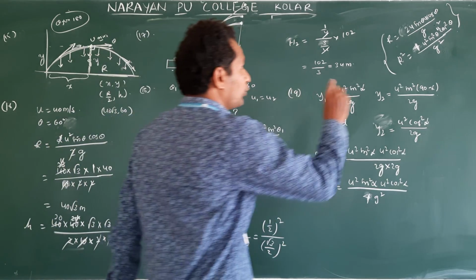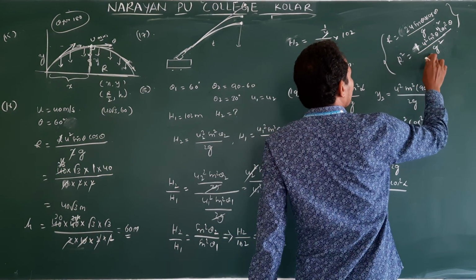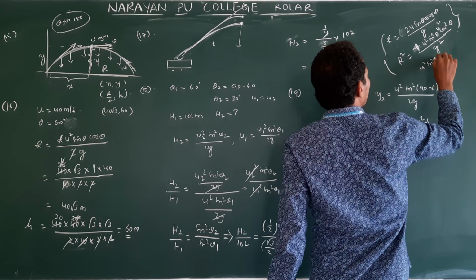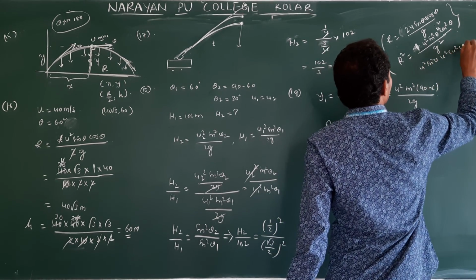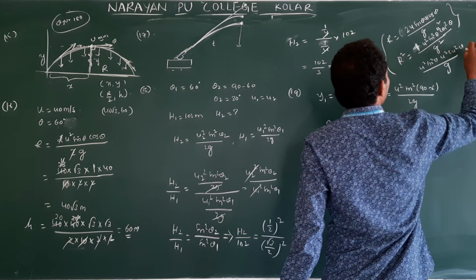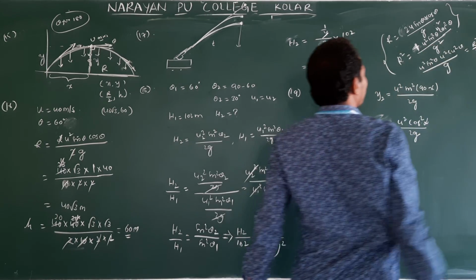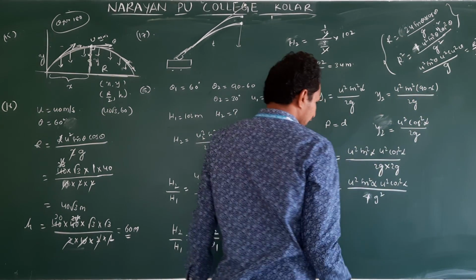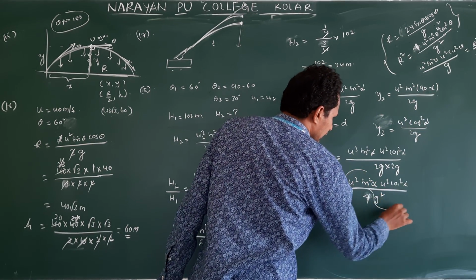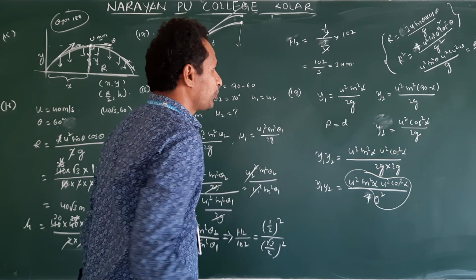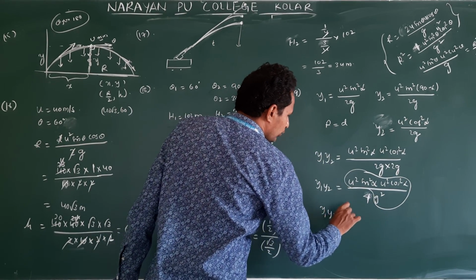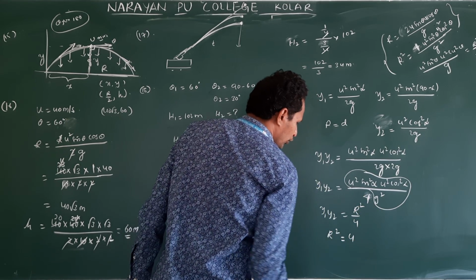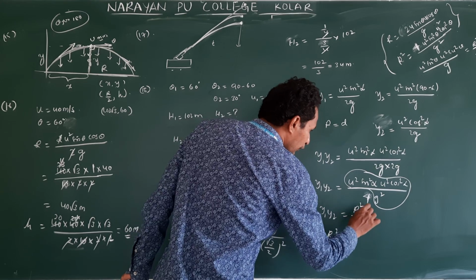Okay. So from this, if you make the subject u square sin square theta u square cos square theta by g square, this will be R square by 4. Am I correct or not? Okay, this I can write: R square by 4. So y1 y2 is R square by 4 divided by 4, one more 4 is there.